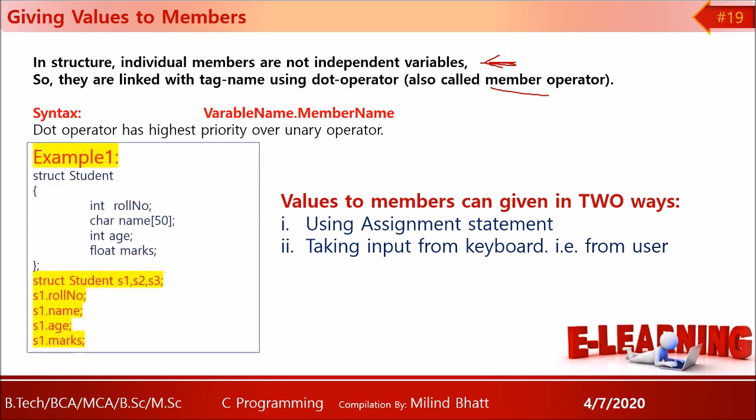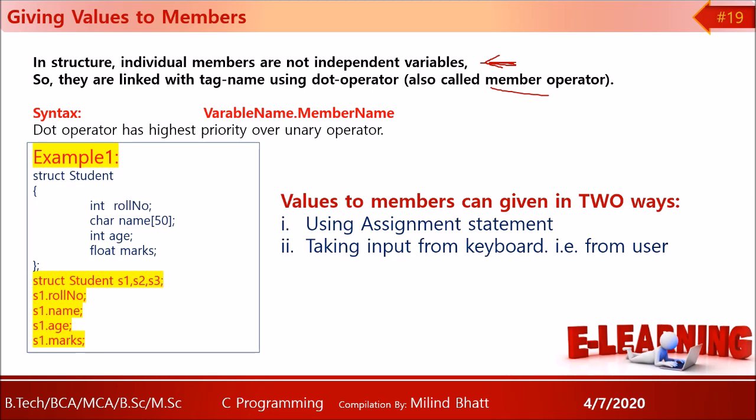See the example: struct student having all its members as roll number, name, age and marks. The tag name is student. Later on I am creating all my variables of it: struct student S1, S2, S3, three such objects or variables.